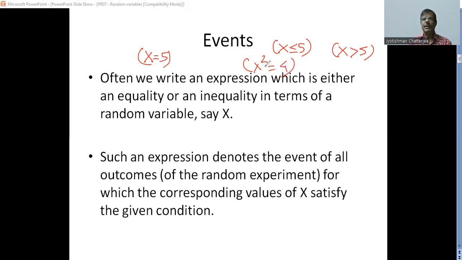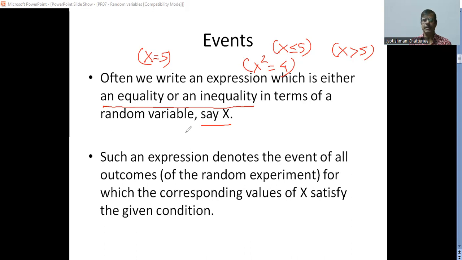Look at these things. These are all expressions involving the random variable capital X, and the expressions are either equality or inequality.